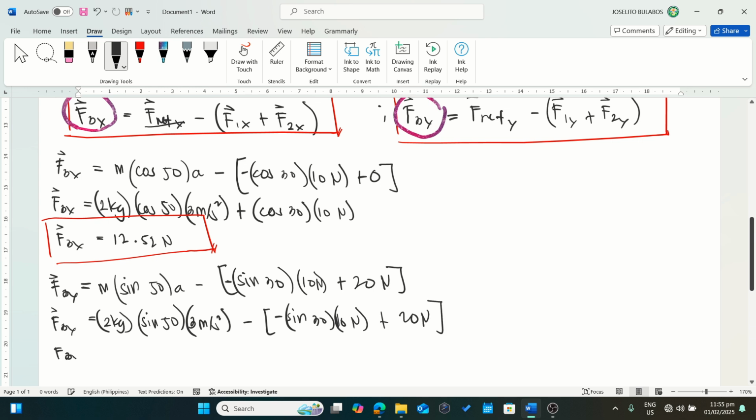Let us use our calculator. 4.5963 Newton. Let's have the other one. So sine 30 is 1/2 of 10, is 5, plus 10, so that's 15 Newton.